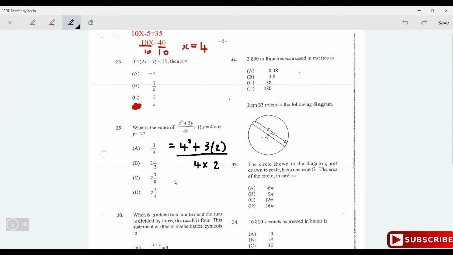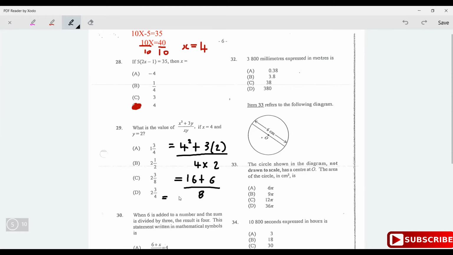So 4 squared is 16. You get 16 plus 6, because 3 times 2 is 6, and this is being divided by 8. Now you can separate this as 16 over 8 plus 6 over 8.